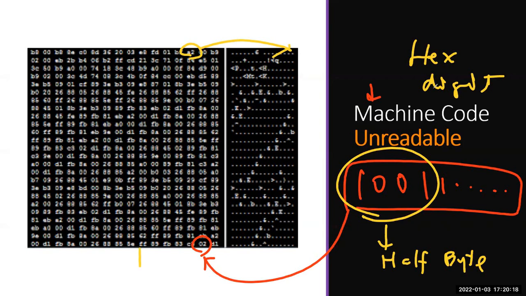Sometimes when you look at the debugger's dump of the memory, it will look like this. Right here, we are not going to dig too much into the machine code because it's not our main focus, but I just give you a short, brief introduction of what machine code is.